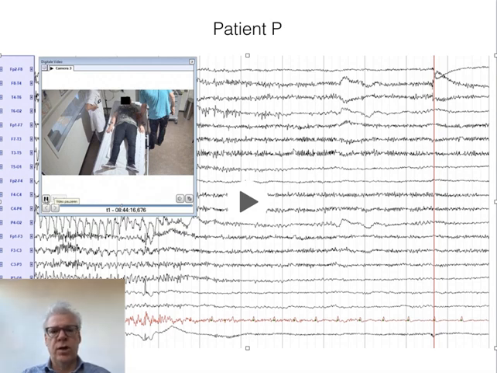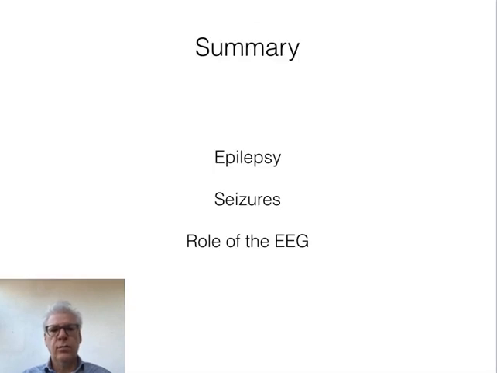Very often it is associated with epilepsy, so a lot of patients with epilepsy also have psychogenic seizures. There's a lot of research going on in that field, but for now it suffices to say that not everything that moves in an abnormal way is a result of epilepsy. In this case, it's a psychogenic seizure.